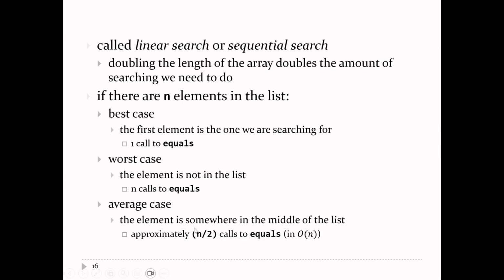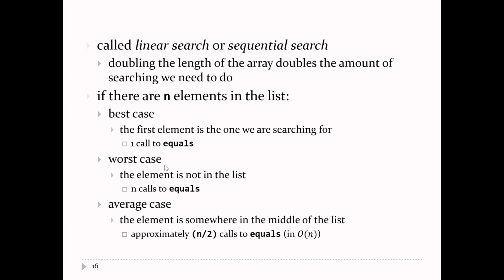Okay, so when you do that sort of thing, that's linear search. You're going to search an entire list for something that you're looking for. If you double the length of the list or the array, that doubles the amount of searching that you have to do. So in the best case, if there's n elements in the list, if you're lucky, you find the element in the first location in the list, and so there's one call to equals.